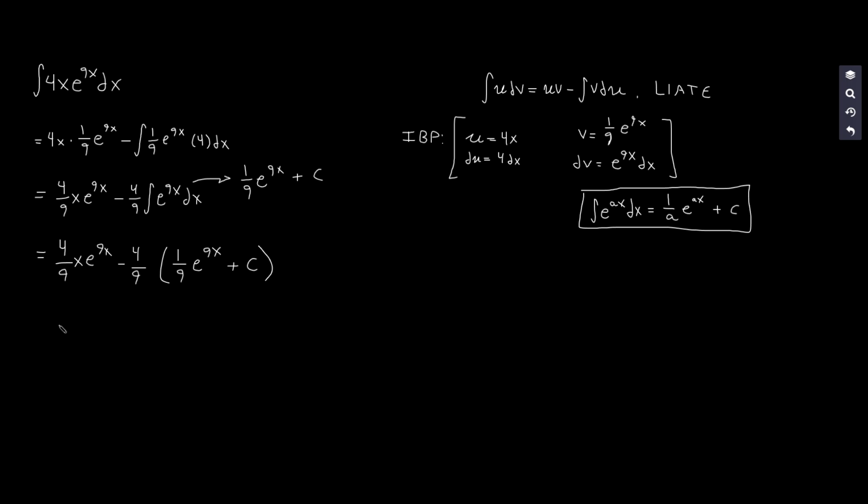So it's going to be 4 over 9 times x times e raised to the power of 9 times x, and then minus 4 over 81 times e raised to the power of 9 times x plus c. And so I'm pretty sure that's our answer.